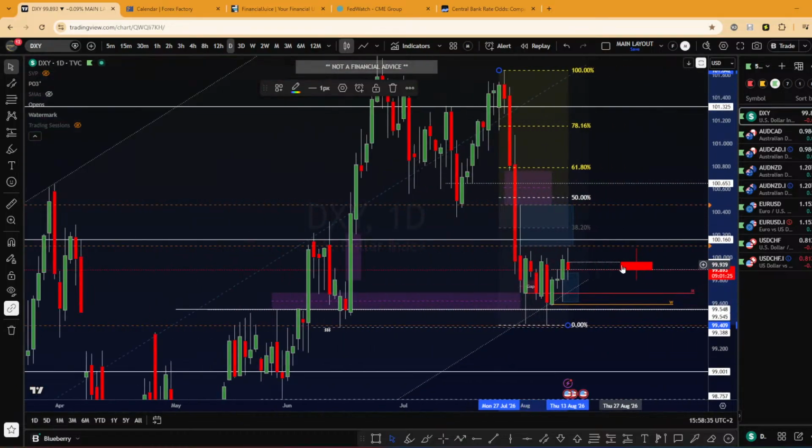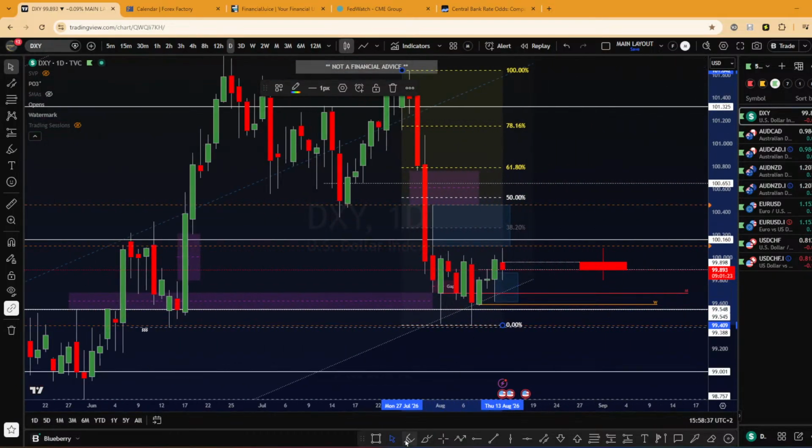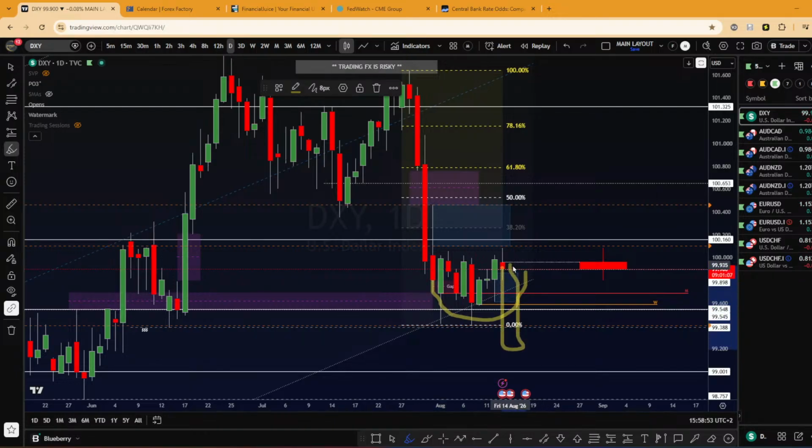So for me, selling here is very difficult, even though we have a soft inflation. So we need a huge bad data, very huge bad data to really break this low.